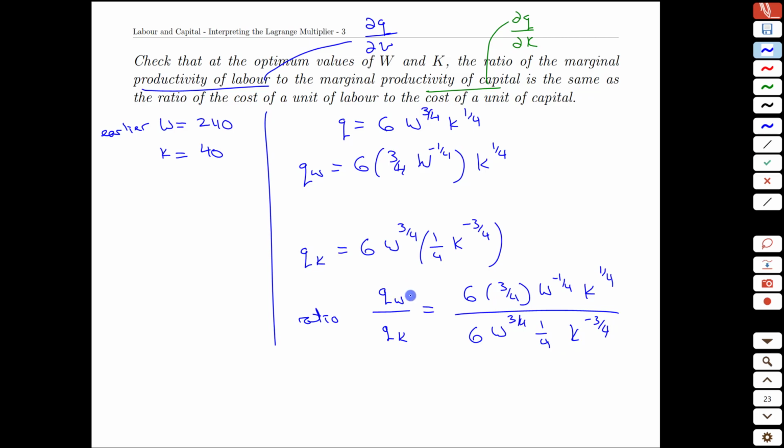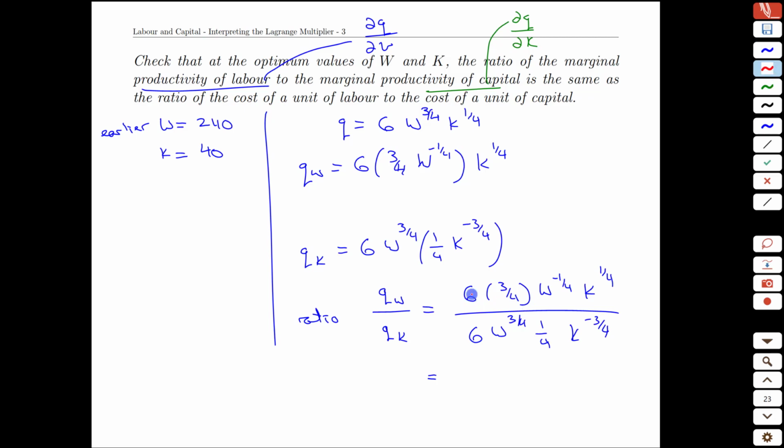So this is an economics idea where we say, well, which is more important, or what's the scale of the importance of workers relative to capital at a certain production level? We can capture that with a ratio. If this ratio is big, then workers are more important. If it's small, then capital is more important. But we can calculate that as a value.